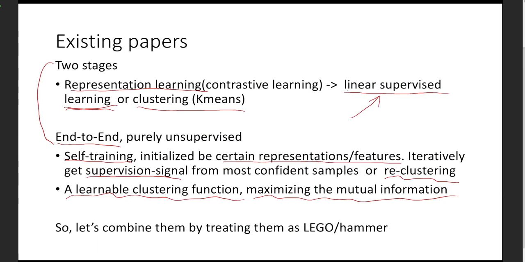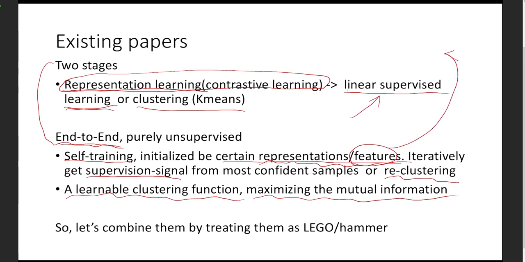So let's talk a bit about it. What we can see is that we have the first part, the feature learning or representation learning, and it also happens in the end-to-end approach, which is also based on some features. So this is the first component. We need the feature learning.